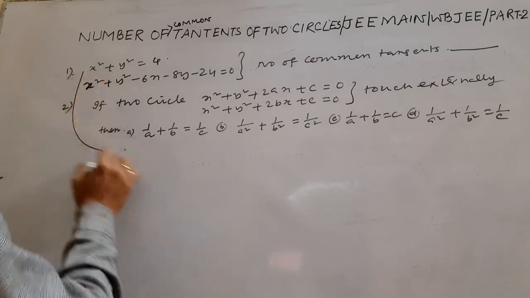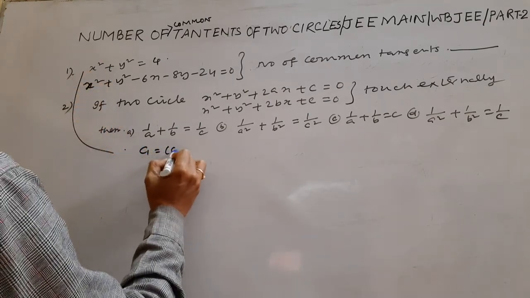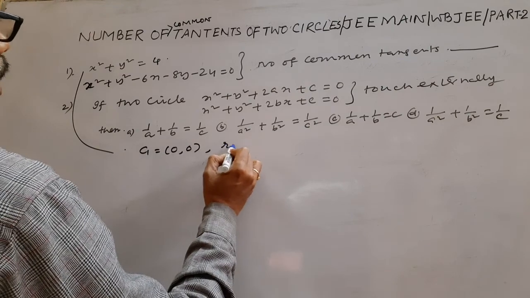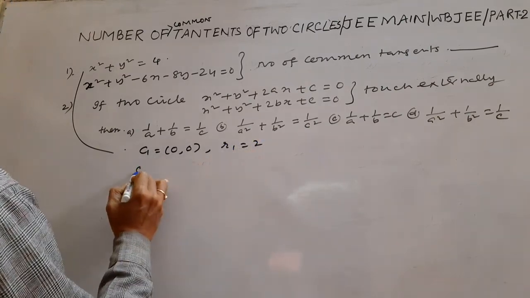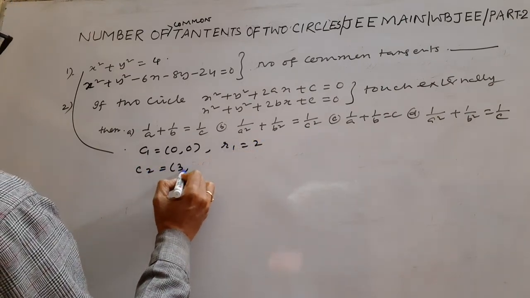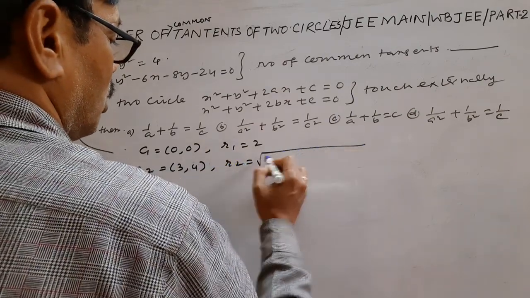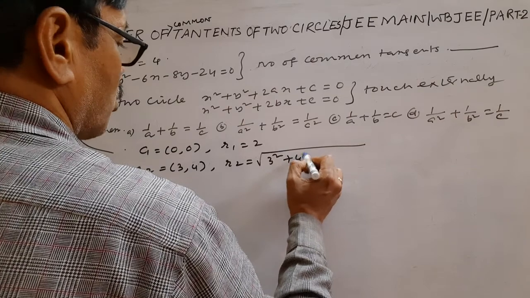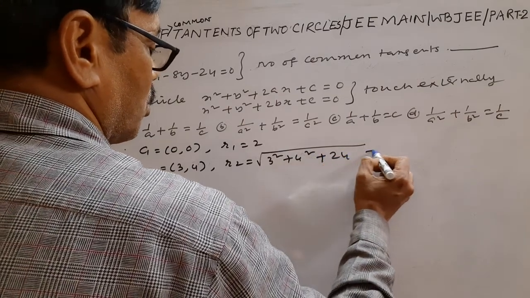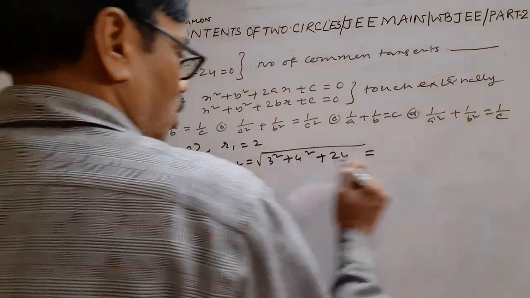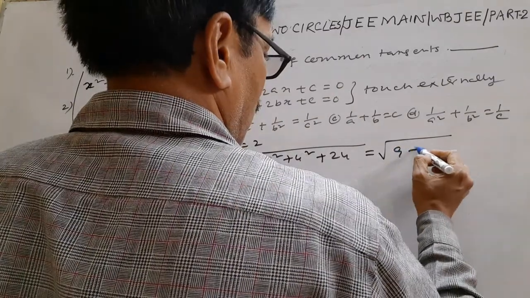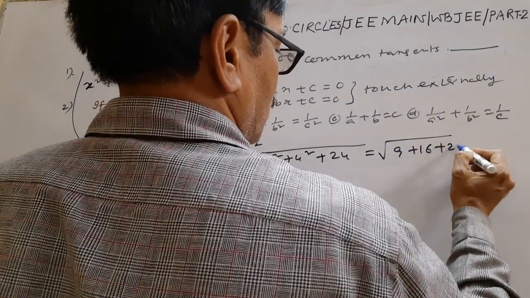So C1 is (0, 0), R1 is 2, C2 is (3, 4), R2 is root of 3 square plus 4 square plus 24. So this is 9 plus 16 plus 24.